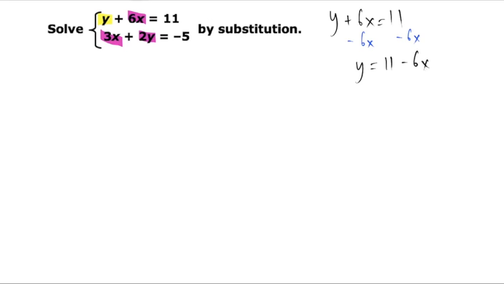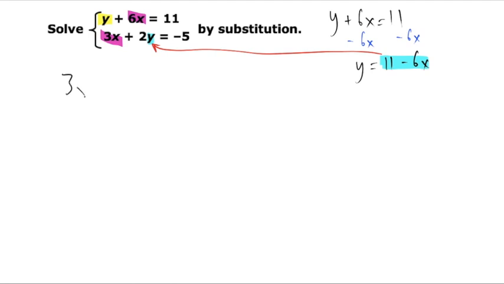So now that I know y equals 11 minus 6x, I can substitute it into the other equation. It's very important that you always substitute what you just found into the other equation. I'm going to substitute it in for this y over here. So let's see what that looks like.